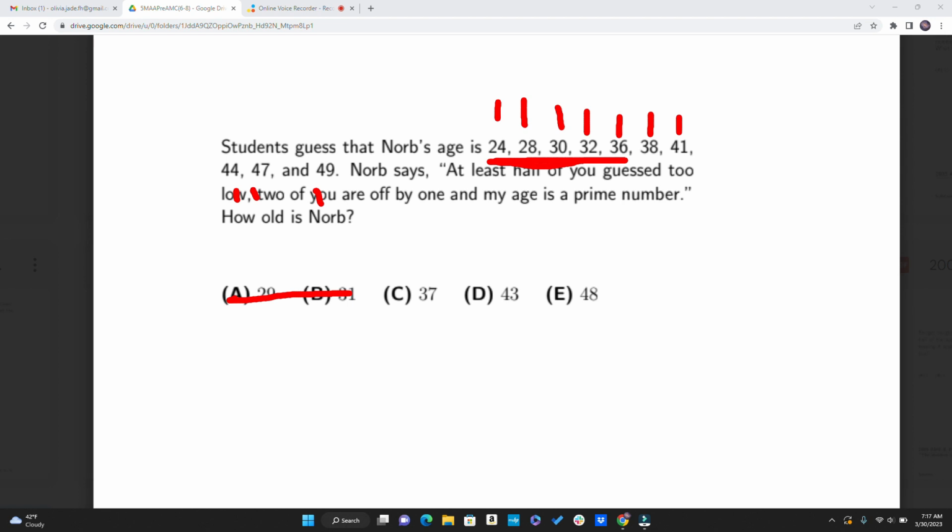We also know 2 of them are off by 1, and the age is a prime number. So if his age is a prime number, he can't be 48, because that's not prime. So now it's between 37 and 43.